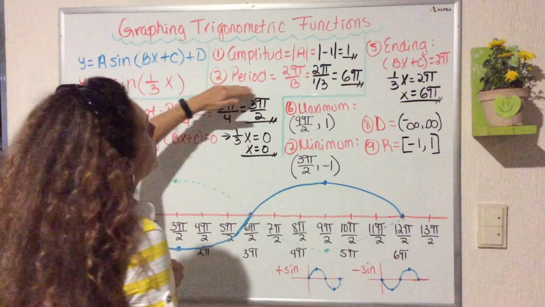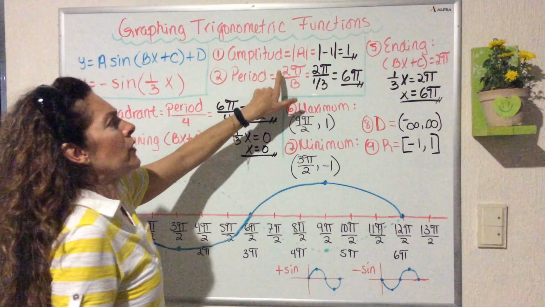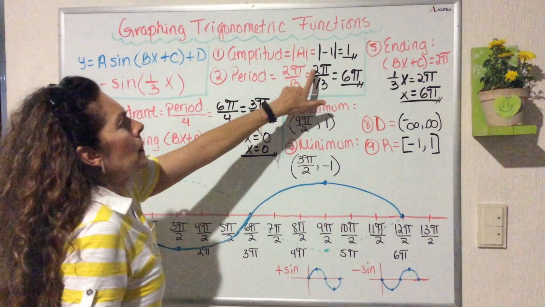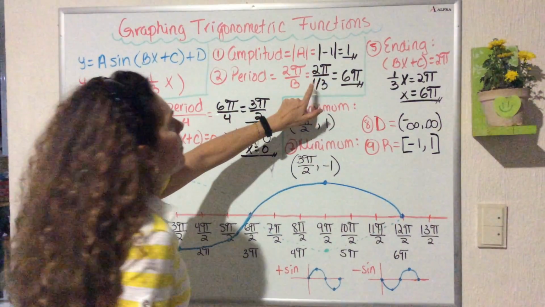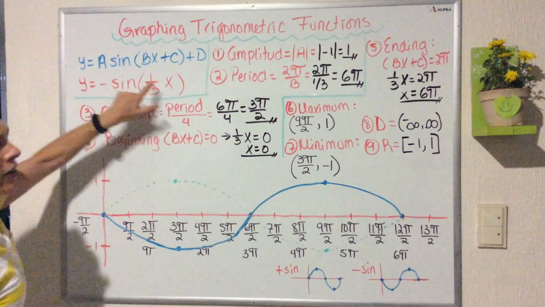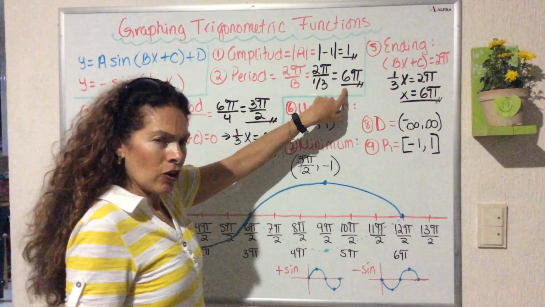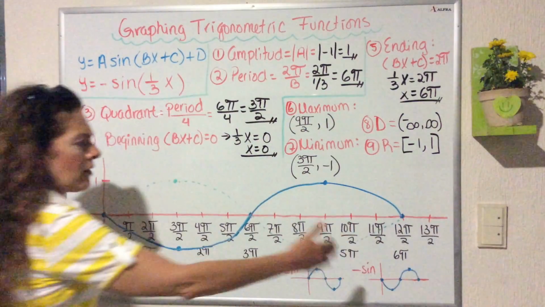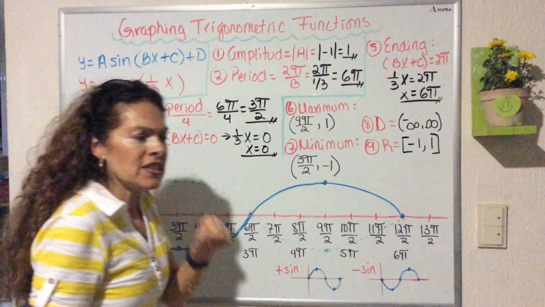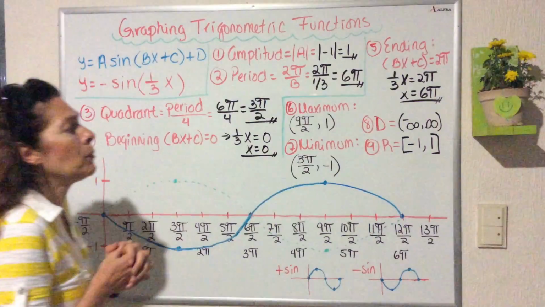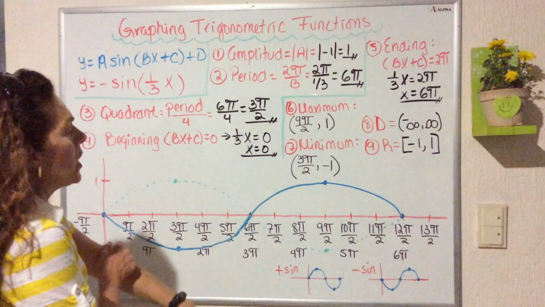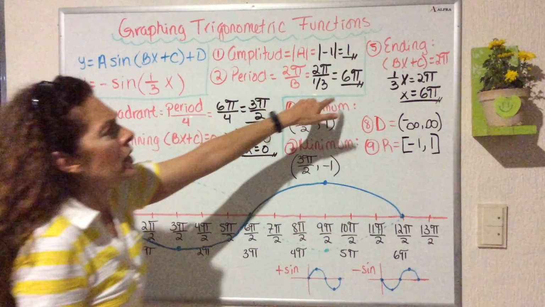So, period, with this little formula, 2 pi over b. We have 2 pi divided by b, which is 1/3, and we get 6 pi. This is telling us, remember, how wide the graph is going to be. Remember that yesterday we were plotting some graphs where the period was always 2 pi.